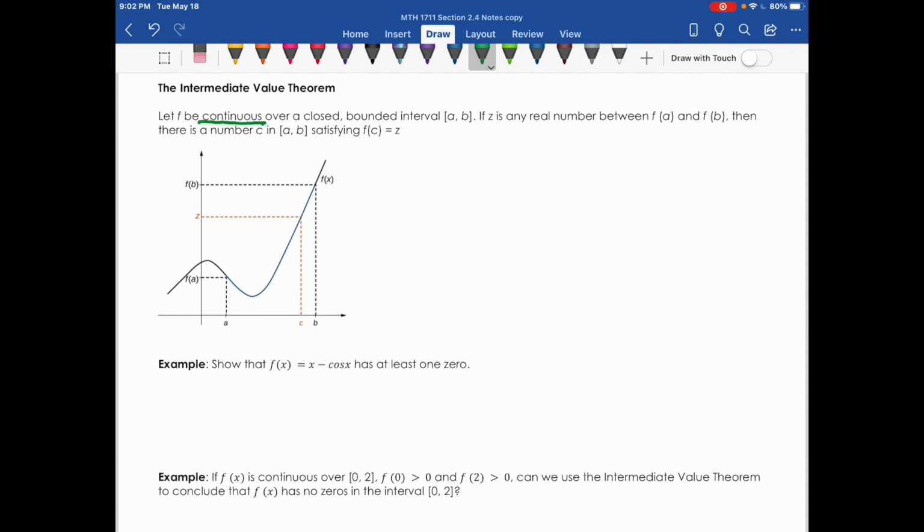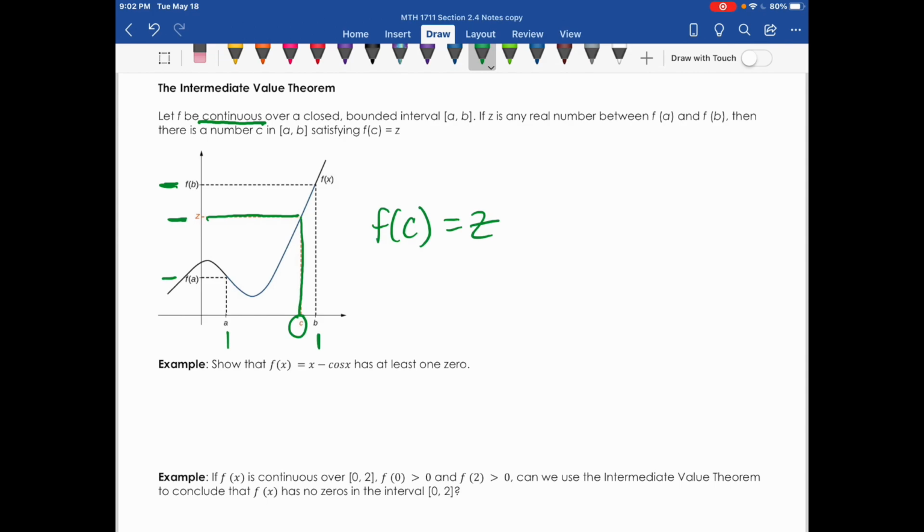So if we look at the picture and we look at our interval from a to b, if there is a value of z between the corresponding y values, then there has to be a value of c. So when I plug in c, I get out z. And this only works if it's continuous.